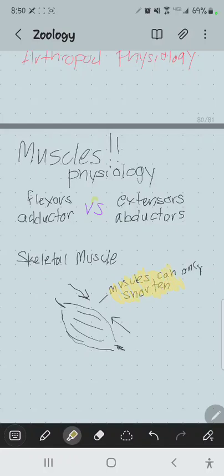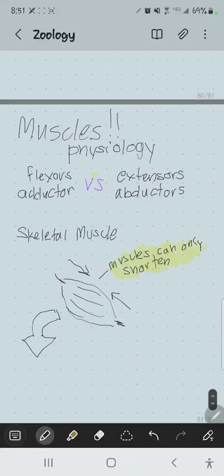So if I were to draw this muscle here and cut it in half, let's say I were to take a knife or something and chop this muscle in half, what you're seeing basically is bundles of muscle fibers piled in here. Okay, so there's our muscle fibers like that.